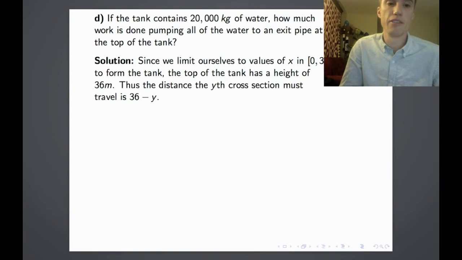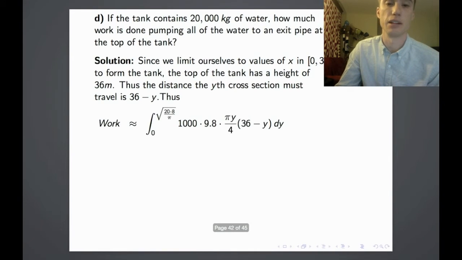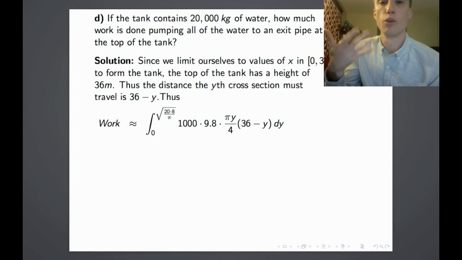So if we have a cross section that's at a height y, it will need to travel up to the top of the tank, and the distance traveled will be 36 minus y. So our work will be the integral over where the water exists. In this case, we integrate from 0 to the square root of 20 times 8 over pi. Remember, that was the height that the water reached if we poured 20,000 kilograms of water into the tank.